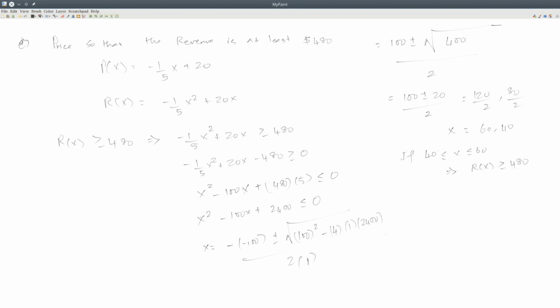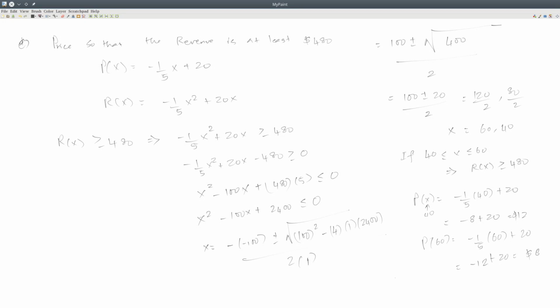So we take the values here and plug them back into the price function. So when we plug in 40, we have minus 1 over 5 times 40 plus 20, so you'd have minus 8 plus 20, which is 12. And when you plug in 60, you get minus 1 over 5 times 60 plus 20, which is minus 12 plus 20, which is $8.